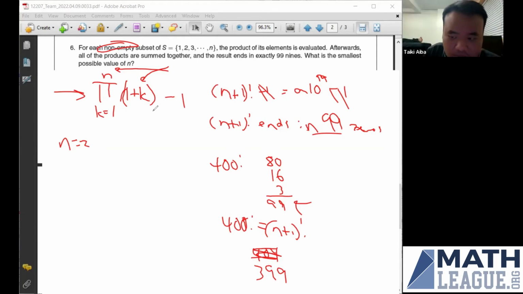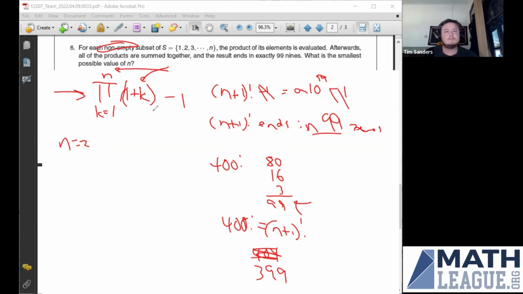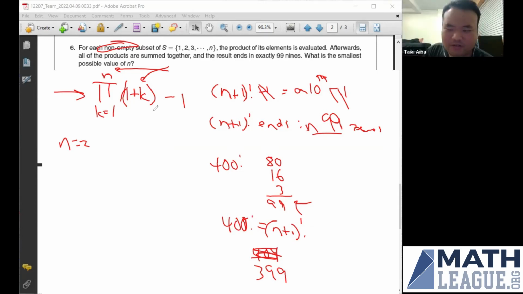Because for each subset, for the product of that subset, we can have either the element in S be in the subset or not in the subset. And if it's not, then it counts as just 1 instead of k.